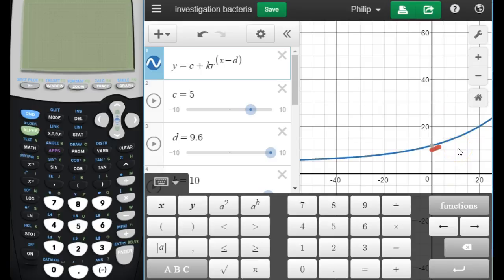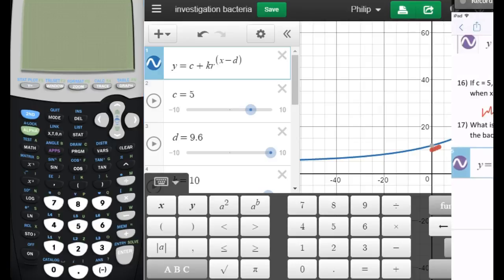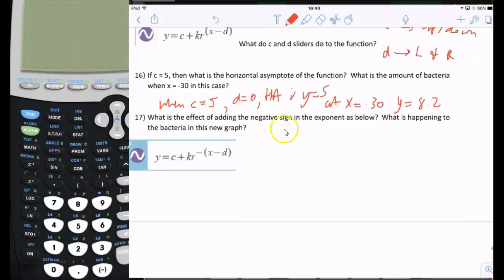So what is the effect of adding the negative sign? The effect of adding the negative sign is we reflect it about the line x equals D.